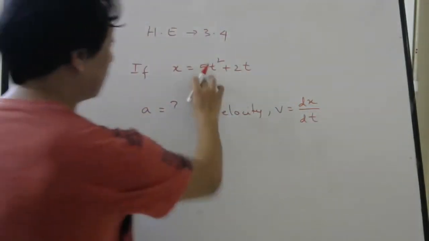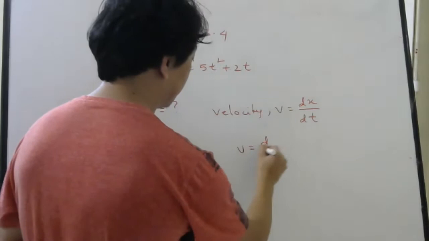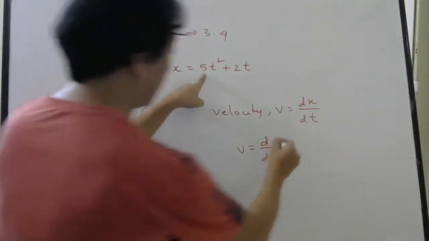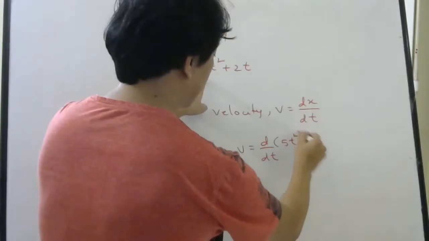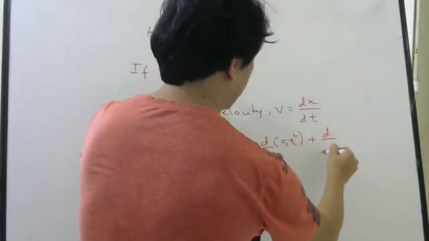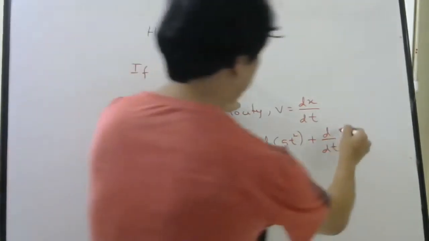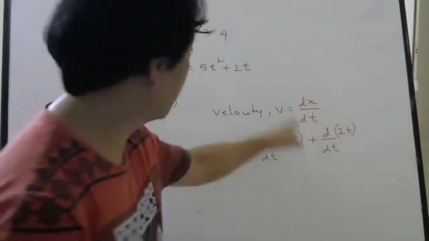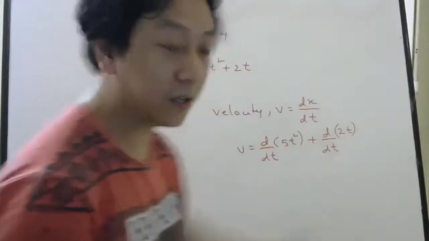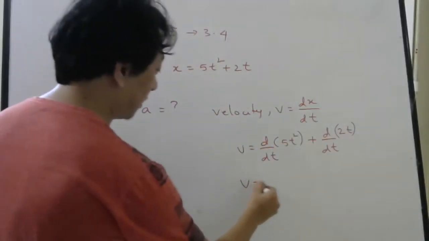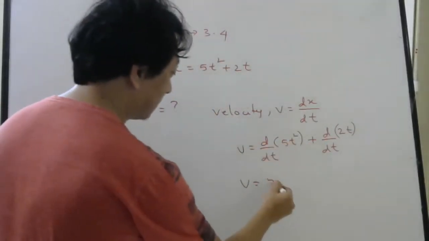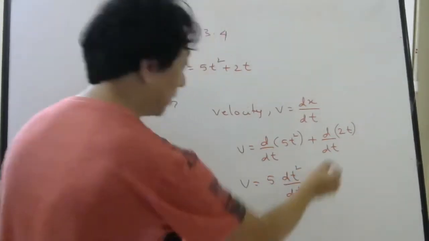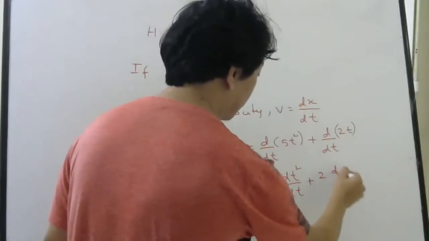So you have to take the differentiation of this x. Directly let us do it. First term is 5t square plus second term is 2t. Correct? Then if there is any constant, take it outside. Here there is 2 constant, take it outside.